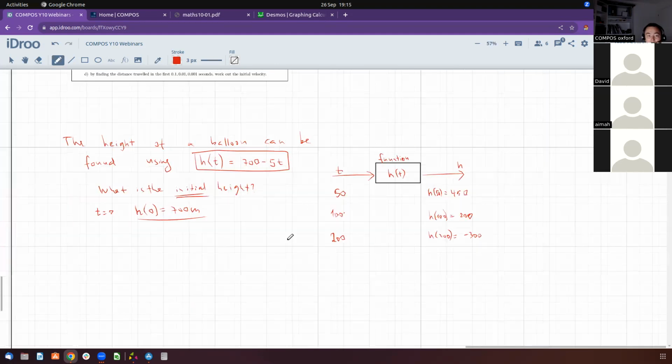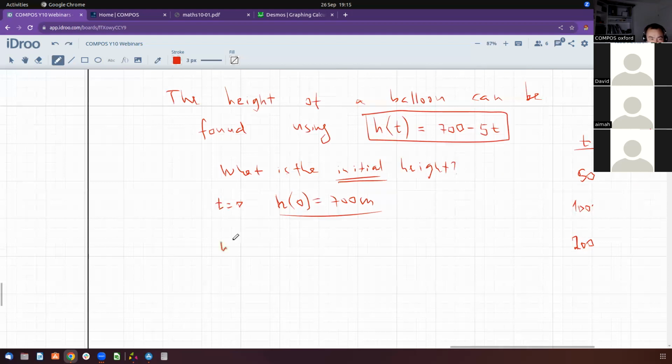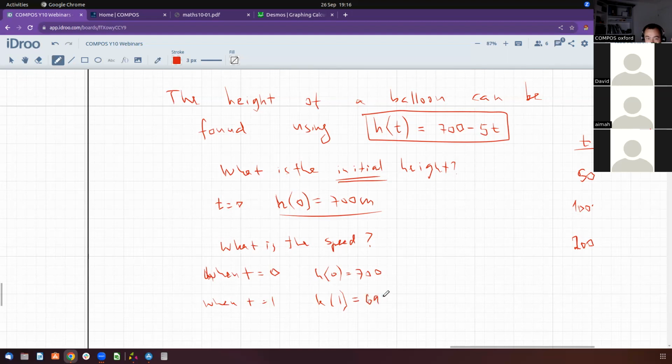Then the question is, find the speed of the balloon. What's the speed? Well, how would you do that? When t is 0, h of 0 is 700. When t is 1, h of 1 is 700 minus 5, so it's 695.